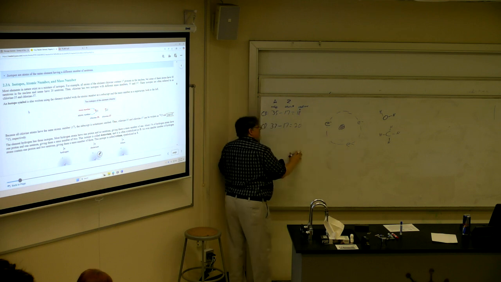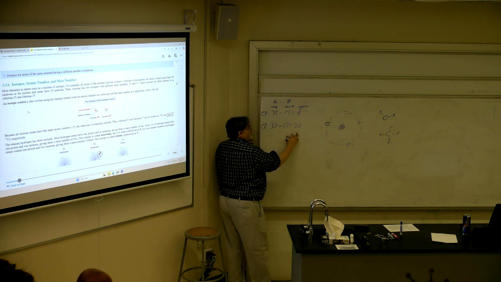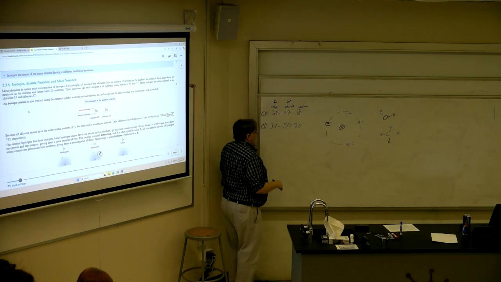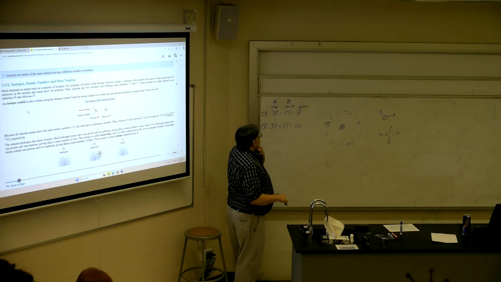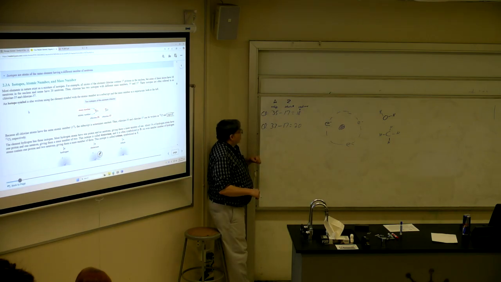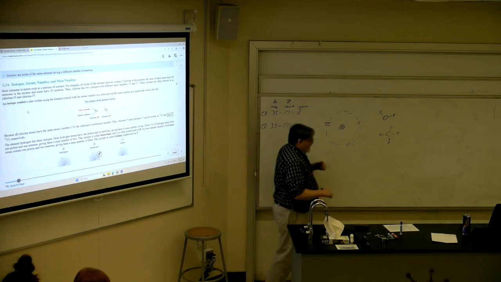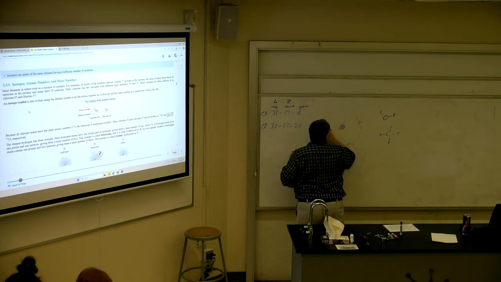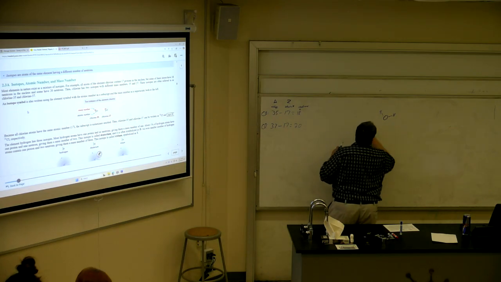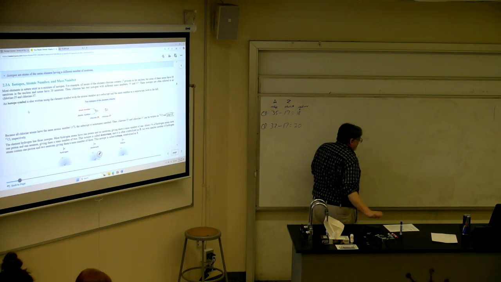That never changes. But about half of any sample of chlorine atoms has this many neutrons. The other half of that sample will have 20 neutrons, so they will weigh slightly different from each other. But the weight we use for that is a weighted average of the two, but I'll get to that later.